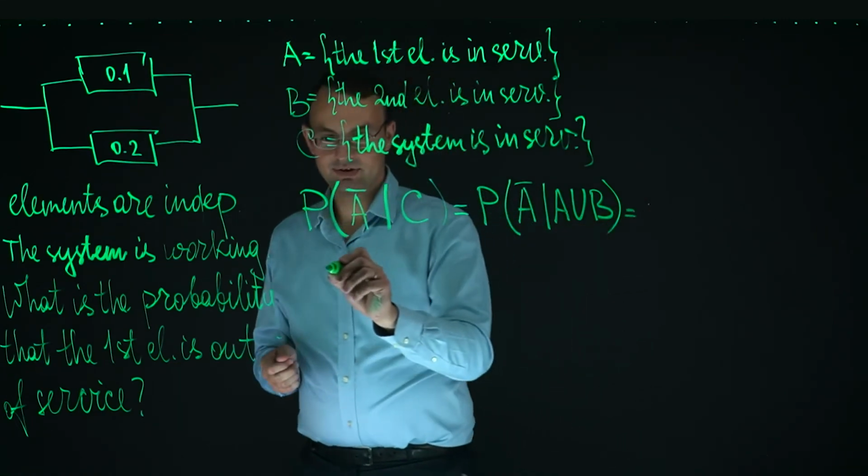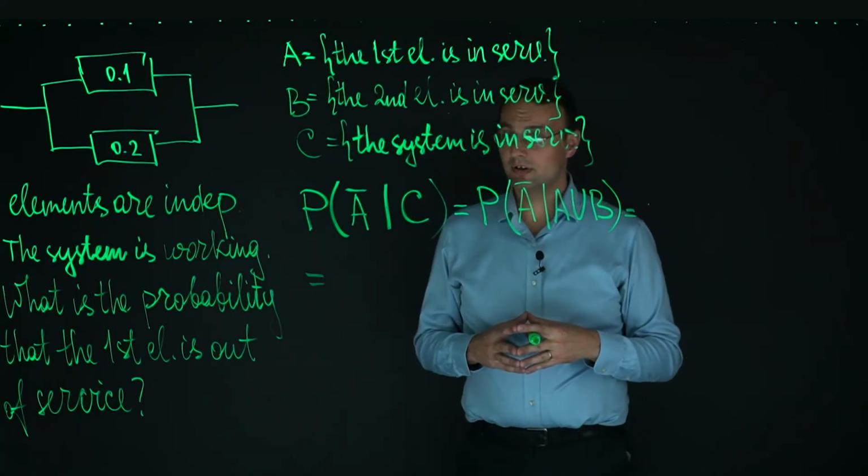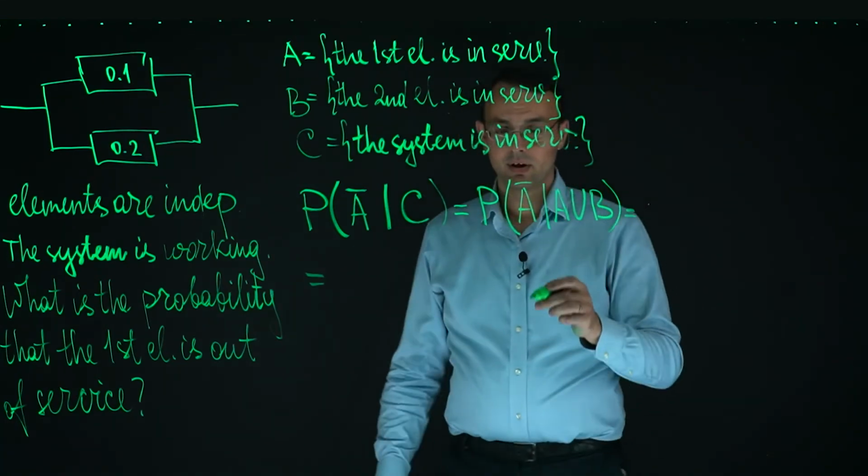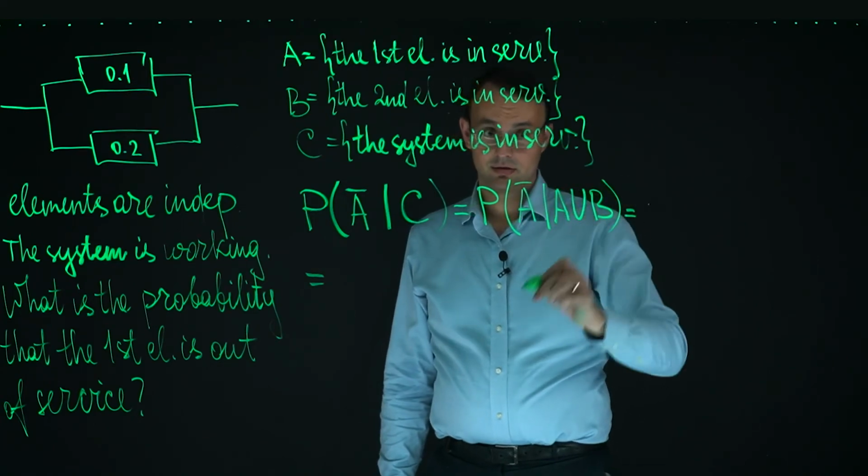So let's do this. The first is the formula for the conditional probability. So I have probability of one event given another one.